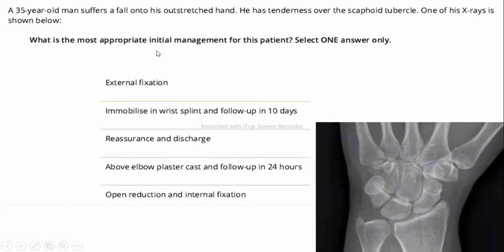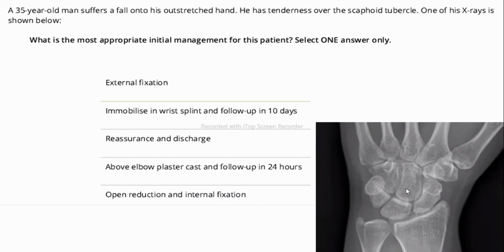What is the most appropriate initial management? So what is the problem first? What is the problem here? Can you see any abnormality in the X-ray? Any obvious abnormality? Dislocation in one of the carpal bones.